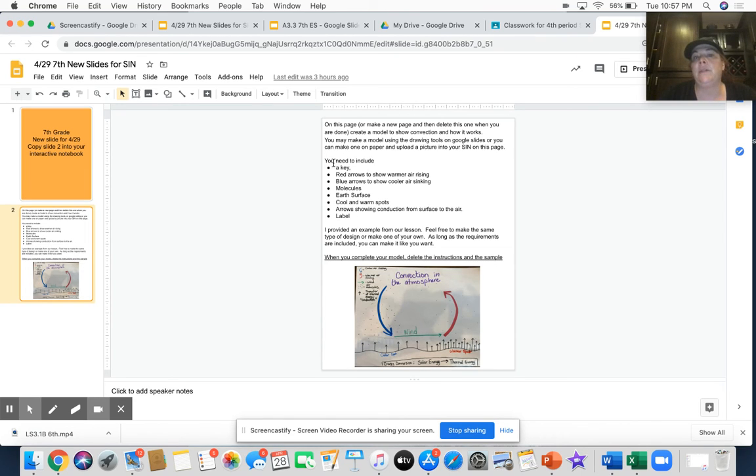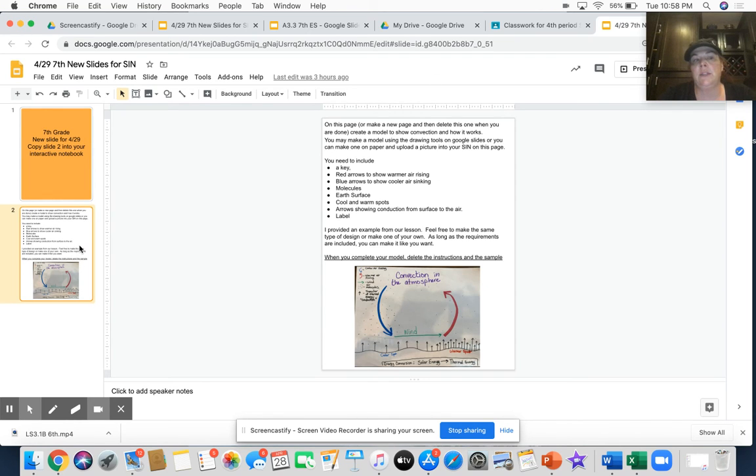So you're going to need to have a key, all of this stuff here. If you want to make it the exact same thing as mine, that's cool. If you want to make it a little bit more personal, that's fine. Whatever, as long as you have all of the same elements in it, I'm good with you having your own personal style with it.